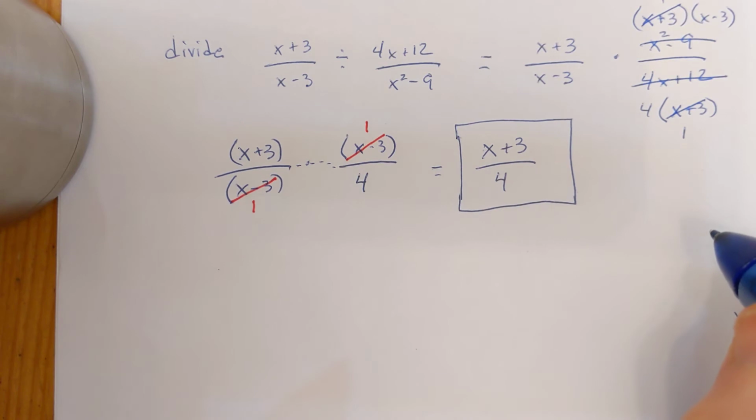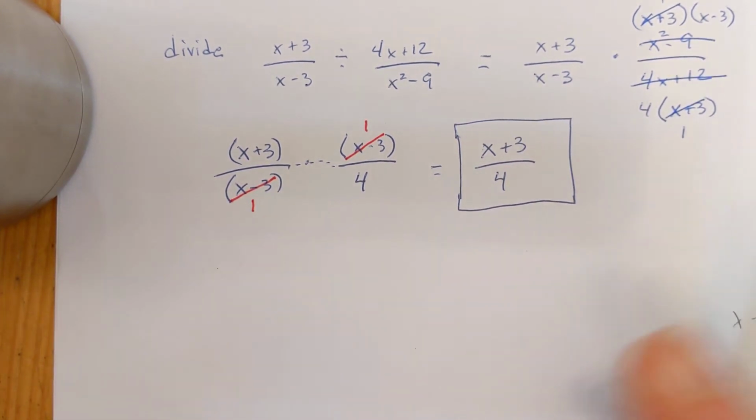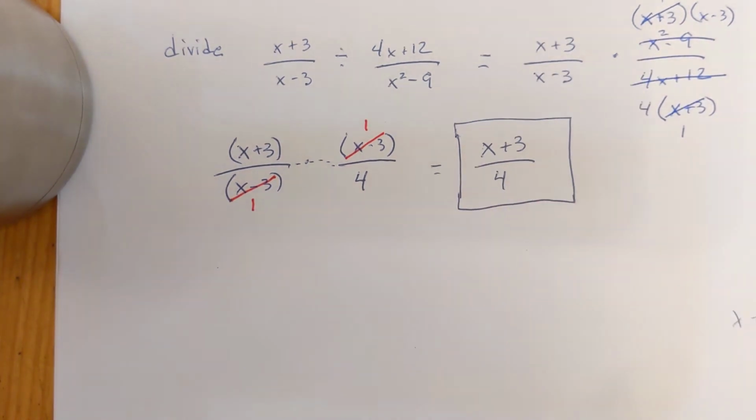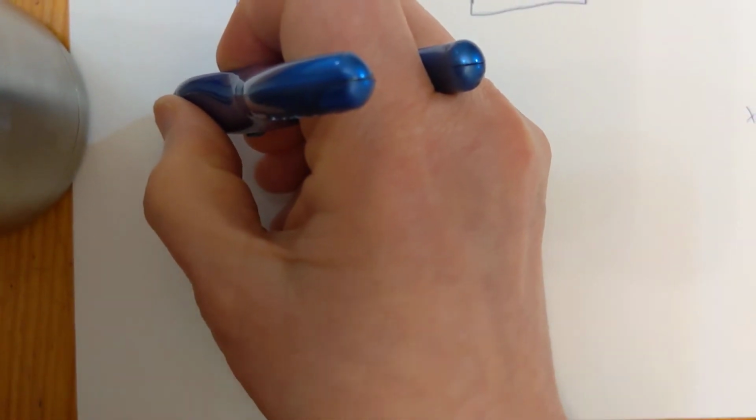Please don't make the mistake of multiplying first and getting some complex polynomial and trying to simplify that. Even I won't simplify those. Simplify before you multiply. The last one we have is a subtraction.